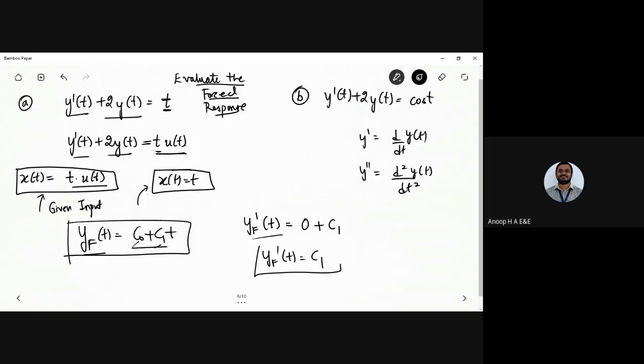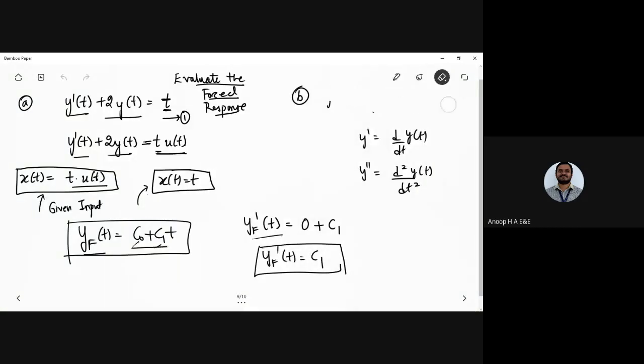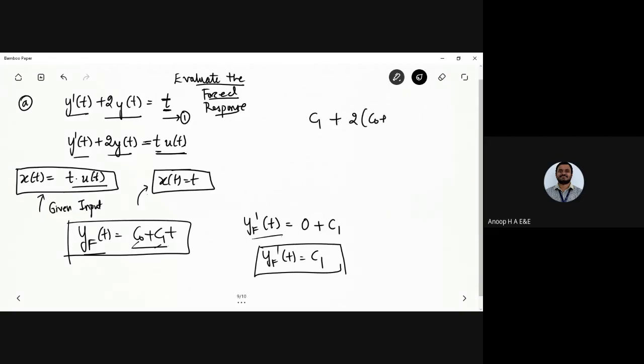Now if I have yf dash of t and yf, I can replace them in equation 1. Replacing y dash and y of t, I can write C1 plus 2 into C0 plus C1t, equal to the input being applied, 1 into t.